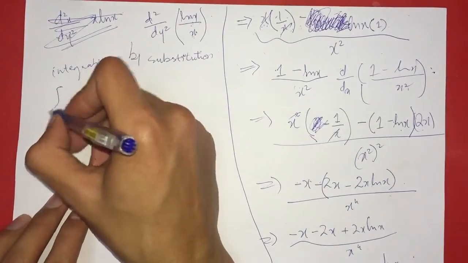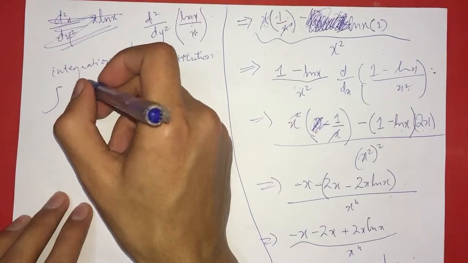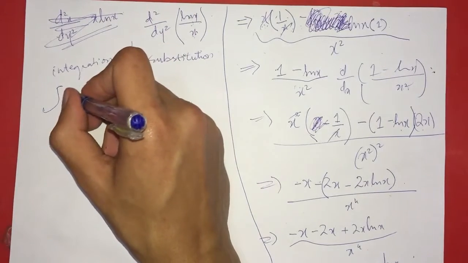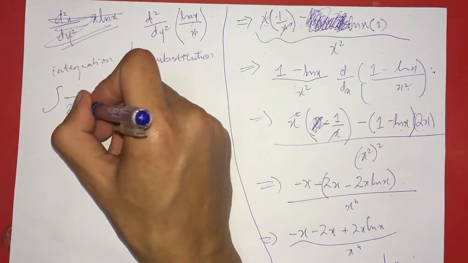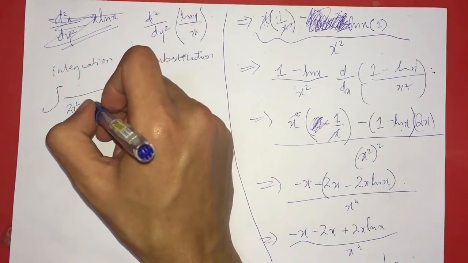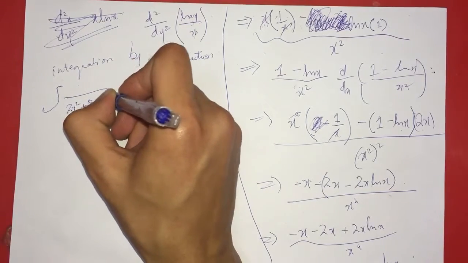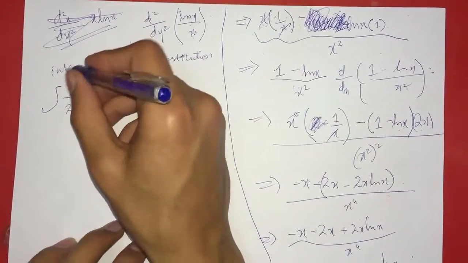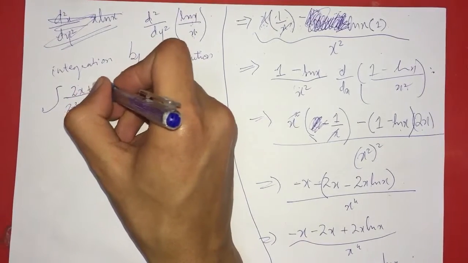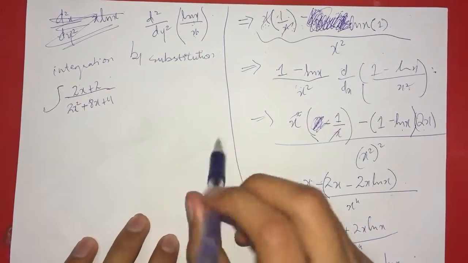So we had to find the integral of, I think it was divided by 2x square plus 8x plus 4, I think, and the numerator was 2x plus 2, right? So we had to find the integration of this by the method of substitution.